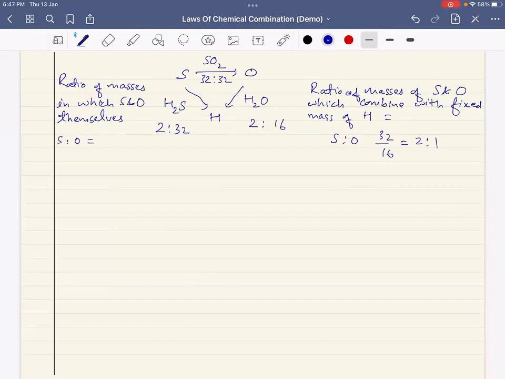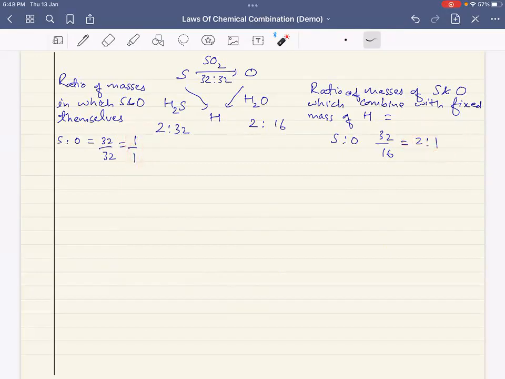So the sulfur to oxygen ratio is 32 divided by 32, that is 1 divided by 1. So they are combining in a 1:1 ratio. Now if we calculate the ratio of both these ratios, it will be a simple small whole number ratio.